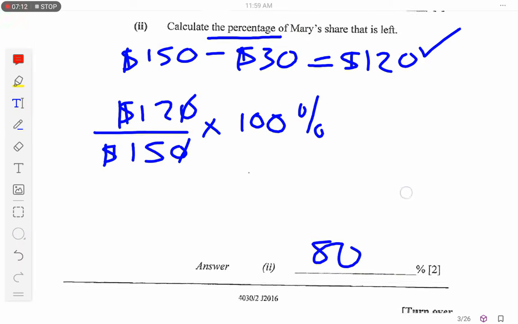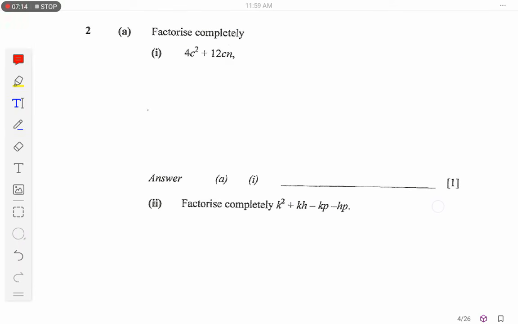Okay, let's move on to the next question. They are saying factorize completely 4c squared plus 12cn. Okay, so for this question, you find out we have a common factor there of 4 and of c.